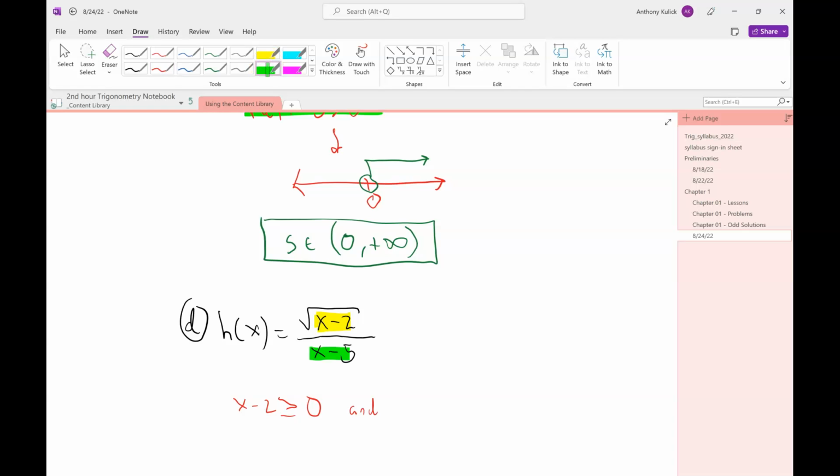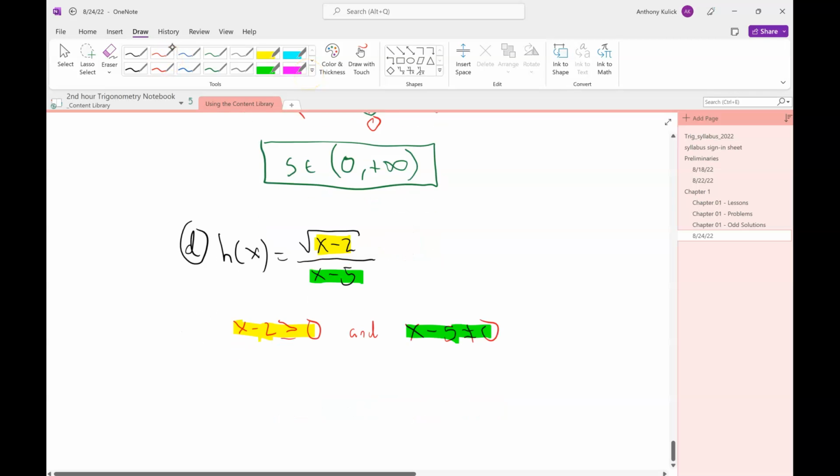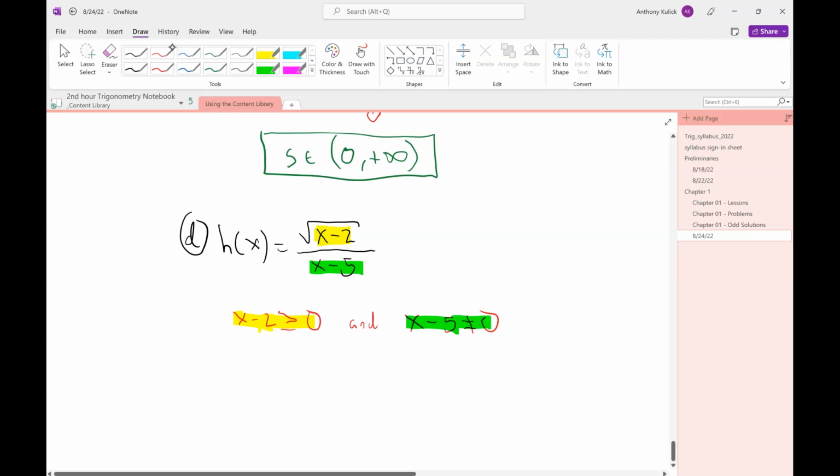And x minus 5 has to be not equal to 0. Everybody cool with what I observed there? So I have x is greater than or equal to 2 and x cannot equal 5.